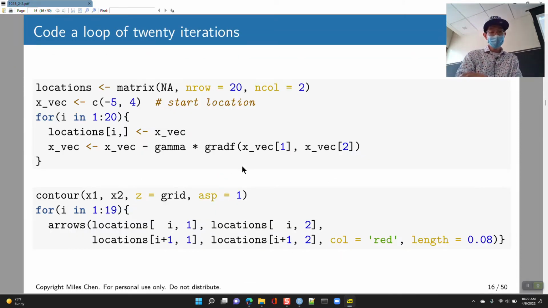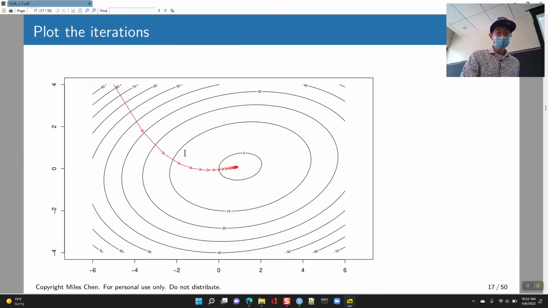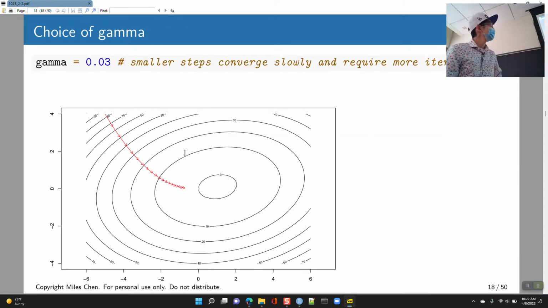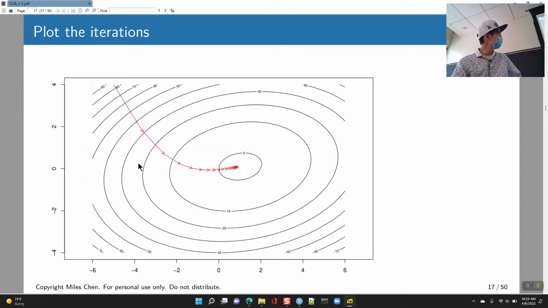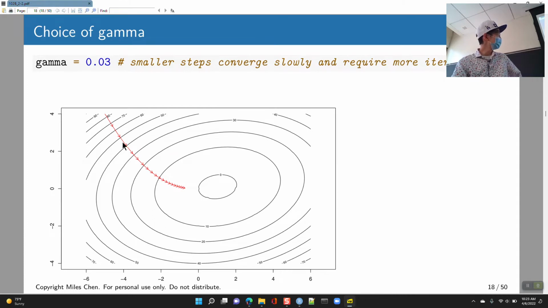Here, we had been using gamma of 0.1. We can try using a smaller step size. So rather than taking a big step, I can take a smaller step size by changing gamma to be something smaller, to say 0.03. Okay, and now what does this look like? It looks very similar, except each step is smaller, and so after 20 iterations, I've only gotten this far.